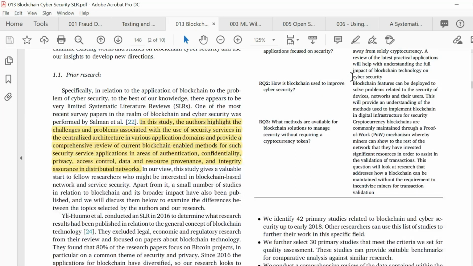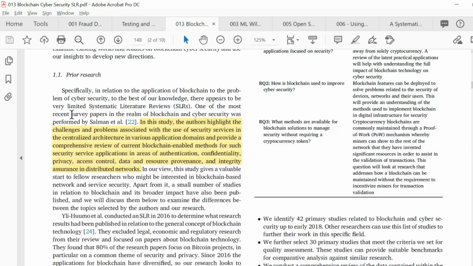They start with, specifically in relation to the application of blockchain to the problem of cybersecurity, to the best of our knowledge, there appears to be very limited systematic literature reviews. So they start off with this statement that there are limited SLRs published on this topic.